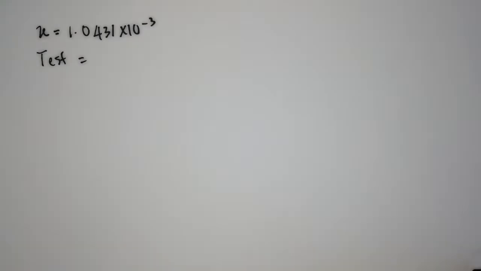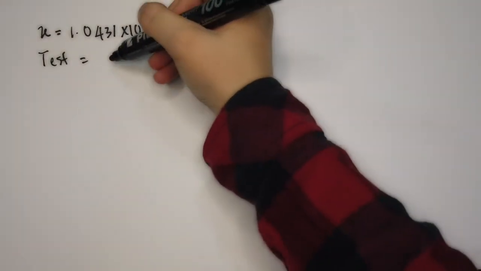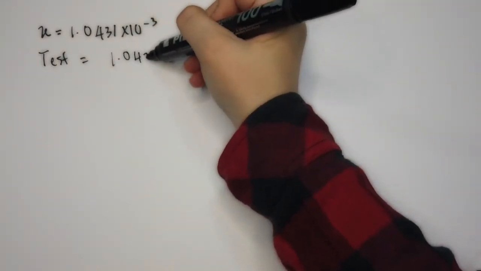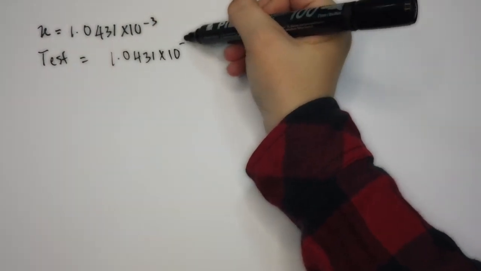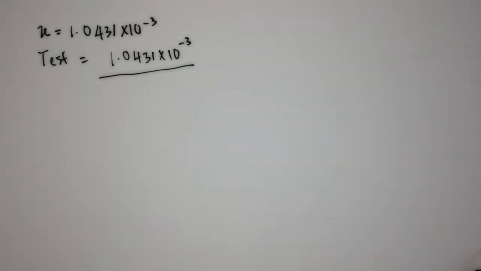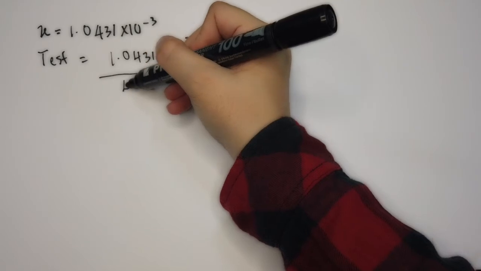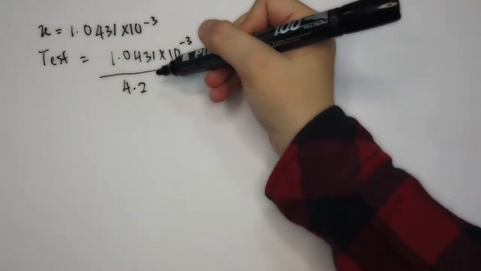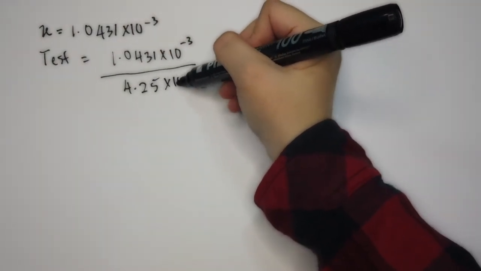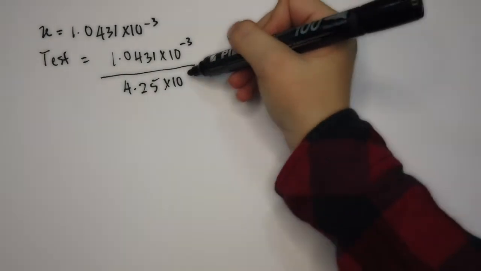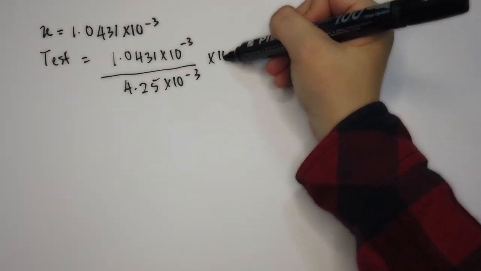The test is the value of X that you get, 1.0431 times 10 to the power of negative 3, divided by the initial concentration, which is 4.25 times 10 to the power of negative 3, times 100.